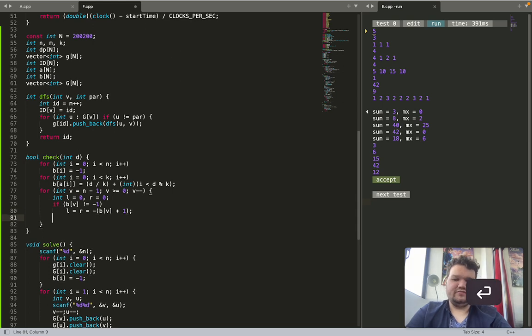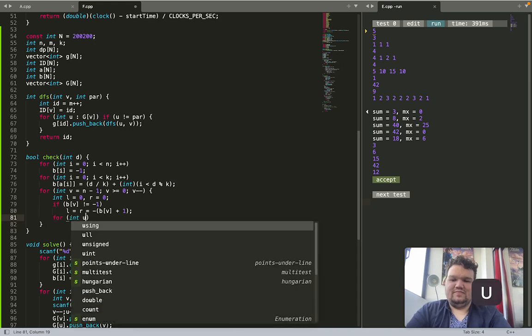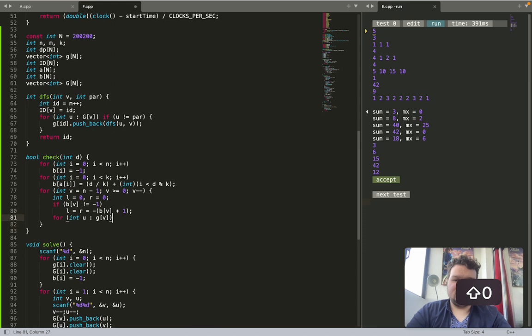Yeah, we use this vertex surely. So if there was a son with a corresponding DP value, that corresponding DP value should be one more. Now we iterate over the sons.